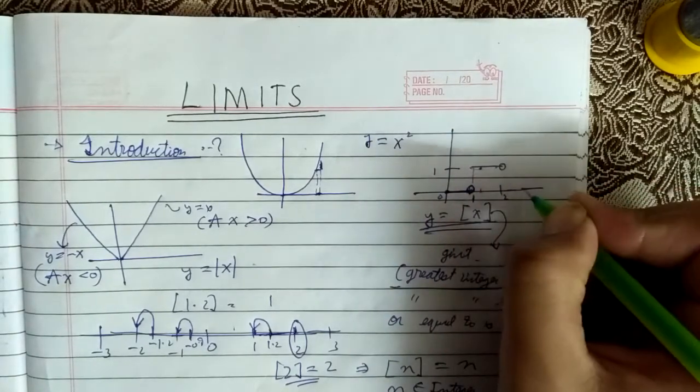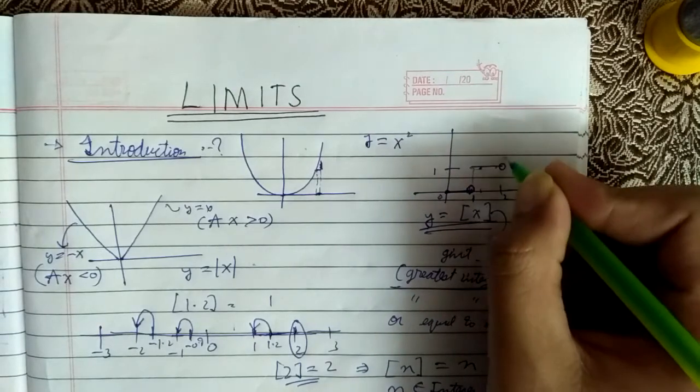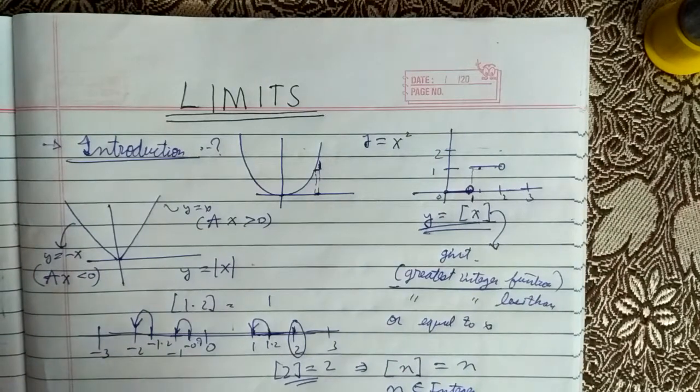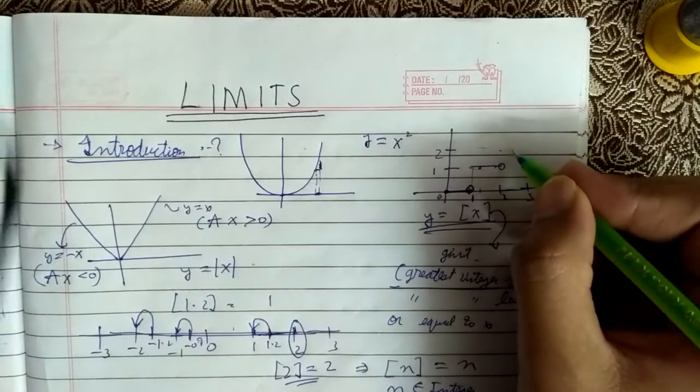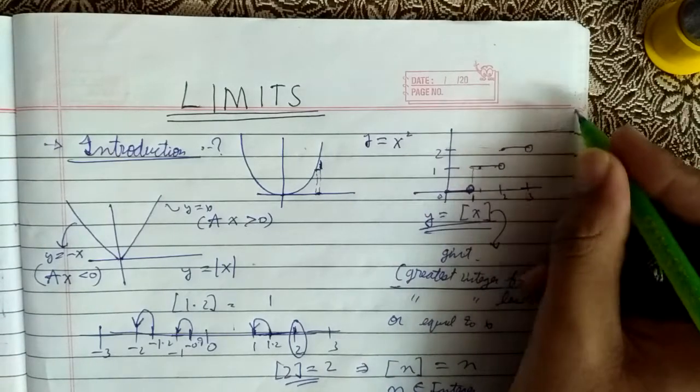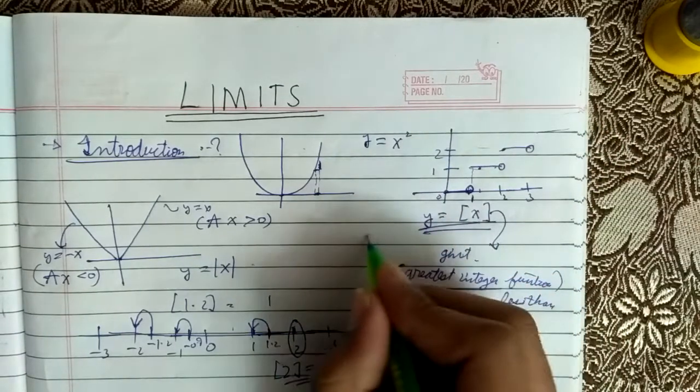It goes like this. It is a staircase-like graph, and it goes on like this, and here also.